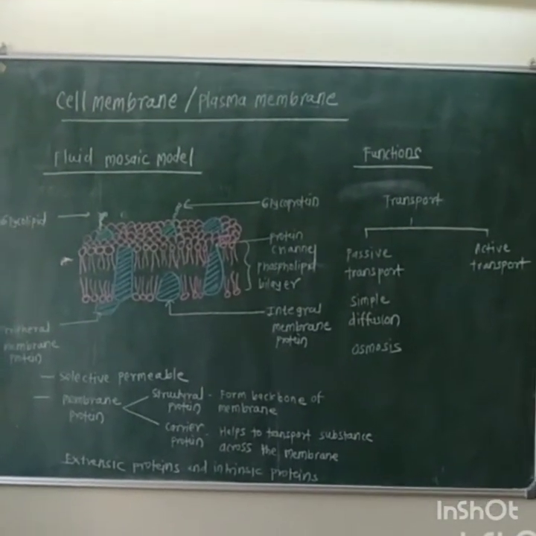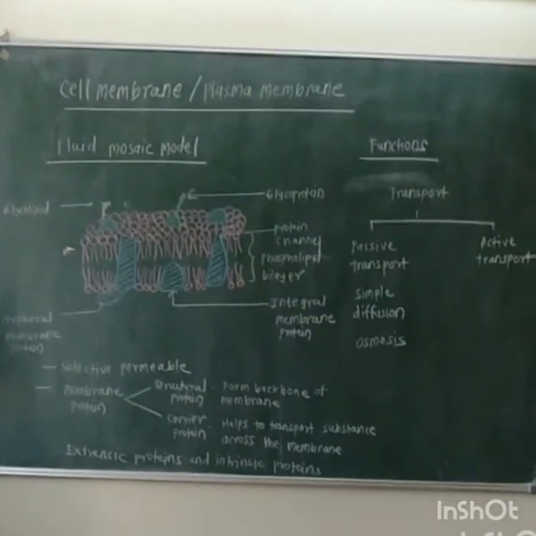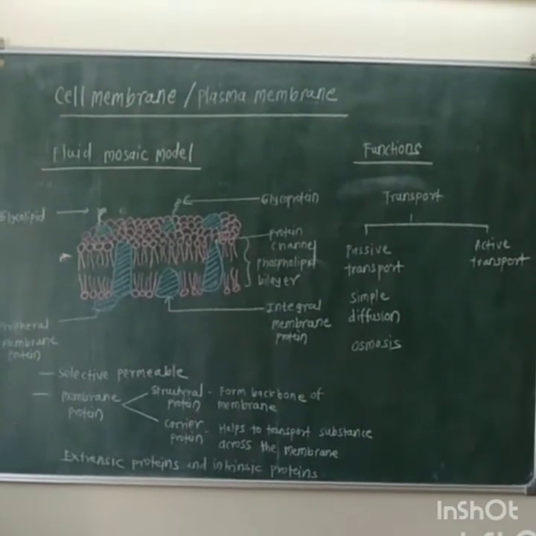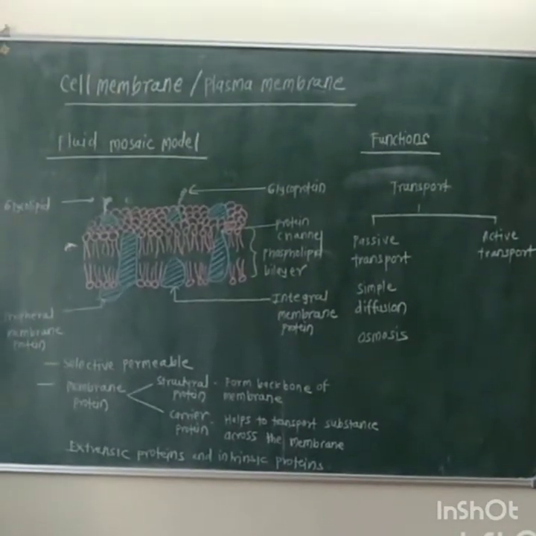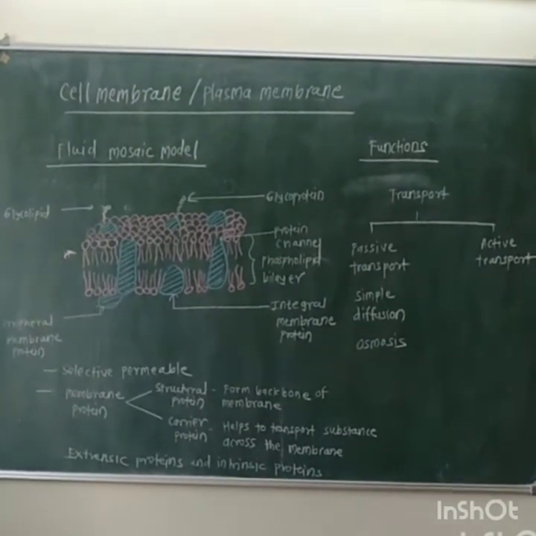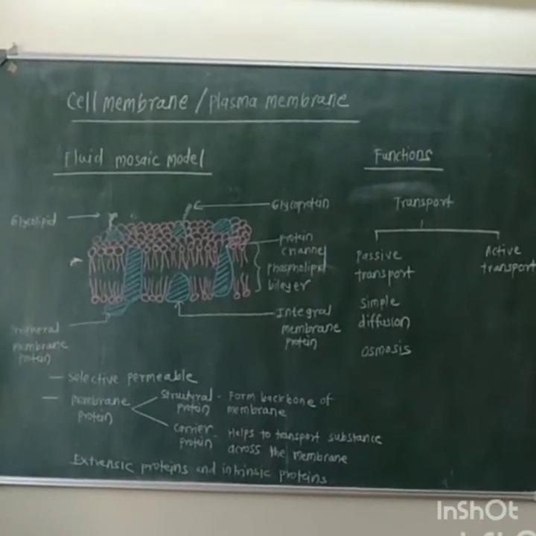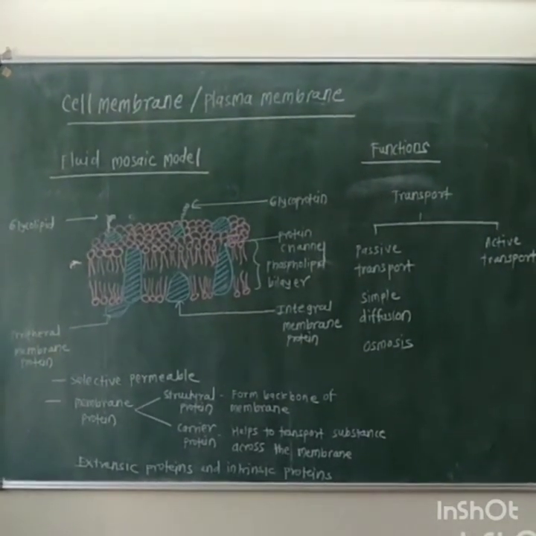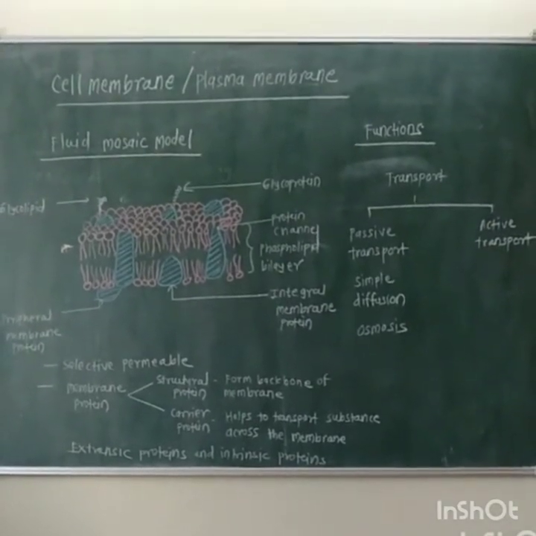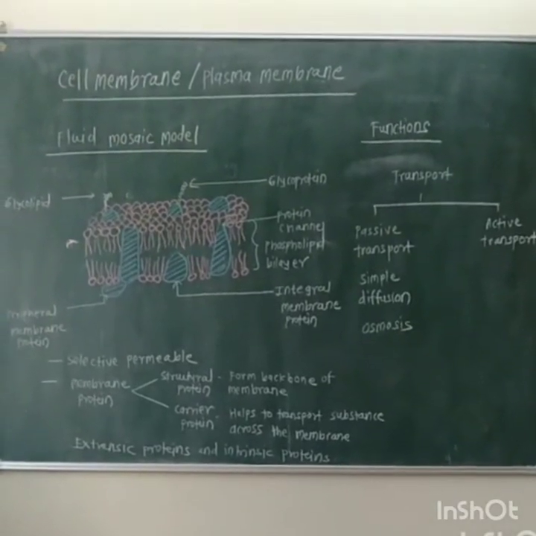So many substances can be transported by simple diffusion. Water can be transported by osmosis. Osmosis means the movement of water molecules from high concentration to low concentration through a semi-permeable membrane. So osmosis is also seen in the plasma membrane.